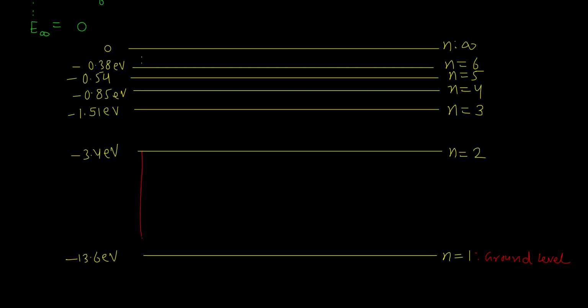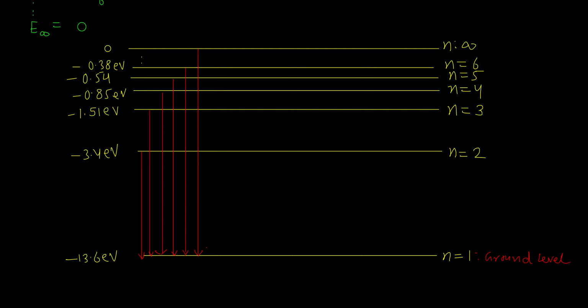Suppose the electron is coming down from n equal to 2 to n equal to 1, it can come down from n equal to 3 to 1, 4 to 1, 5 to 1, 6 to 1, or even from infinity to 1. Each of these lines I have made here represents an electronic transition, and these kinds of transitions are called Lyman series transitions. Okay, so this is the Lyman series.